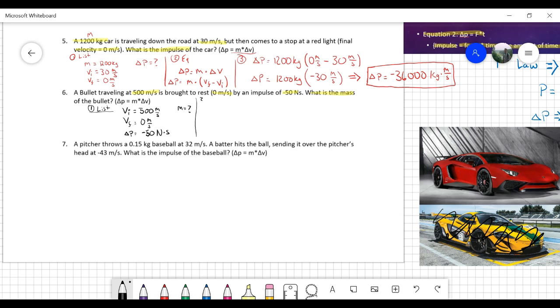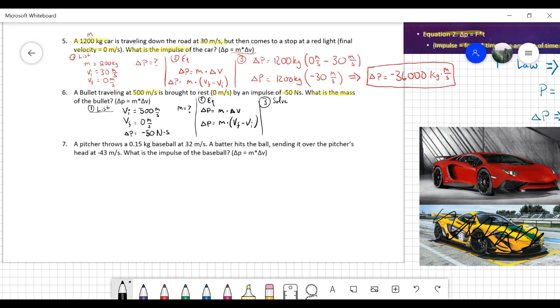Here's step 2. Here's our equation. Delta P equals m times delta V. You could also write this again, same thing as up here: delta P equals mass times VF minus VI. They're the same thing. Alright, so let's plug in our numbers and solve.